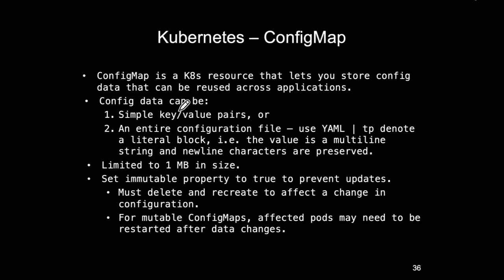So how can we actually pass a configuration file within these config map resources? We can encode them in a YAML file, and you'll see a simple example of that in a while. So the configuration can either be simple key value pairs, or they can be an entire configuration file.